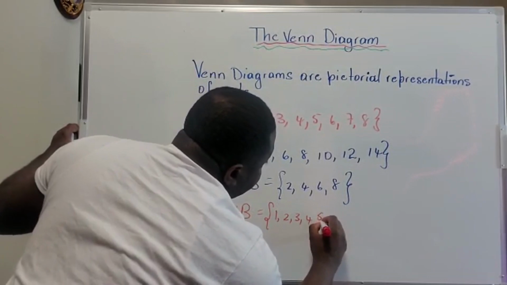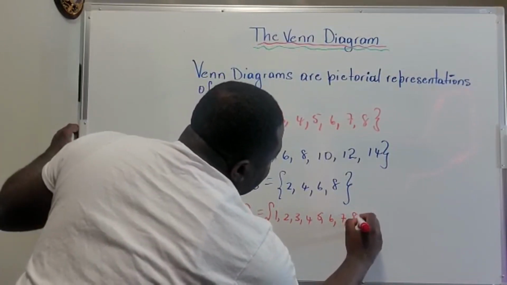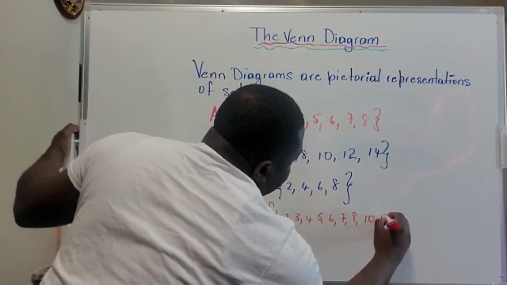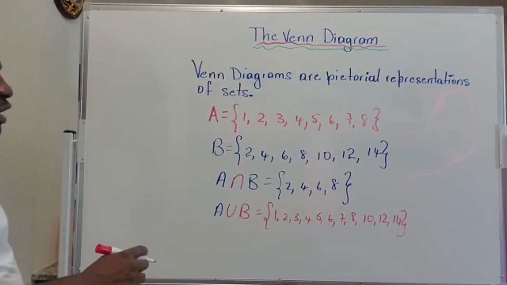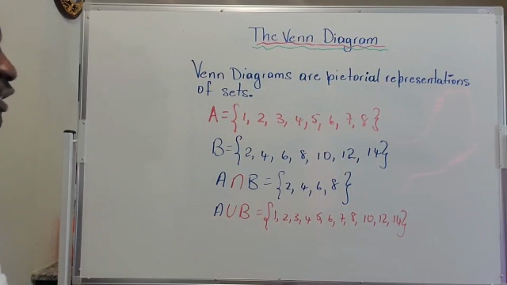There's 5. There's 6. There's 7. There's 8. There's 10. There's 12. And there's 14. So that would have been the union of both sets.